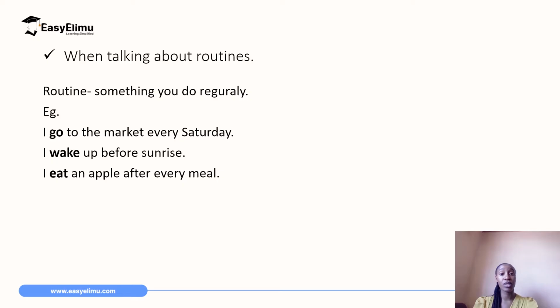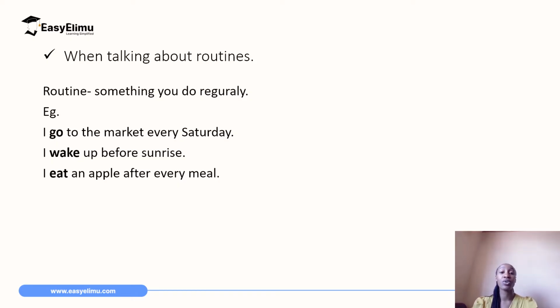We also use the simple present tense when we are talking about routines. A routine is something that you do regularly. So let's say every day you wake up at 6 a.m., you go to school at 8 a.m., you go back home at 6 p.m., do your homework, shower, then sleep.